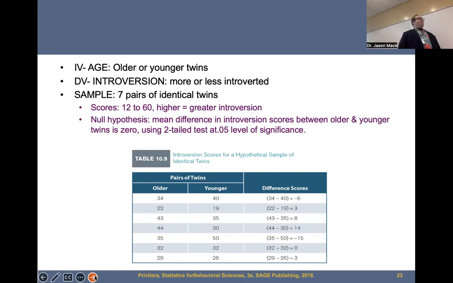Scores 12 to 60, higher equals greater introversion. Null hypothesis: the mean difference in introversion scores between older and younger twins is 0. We're going to use a two-tailed test at a 0.05 level of significance. So we're trying to see what introversion looks like with older and younger twins. We have these scores right here, and then we get our difference in our scores right here on the right.